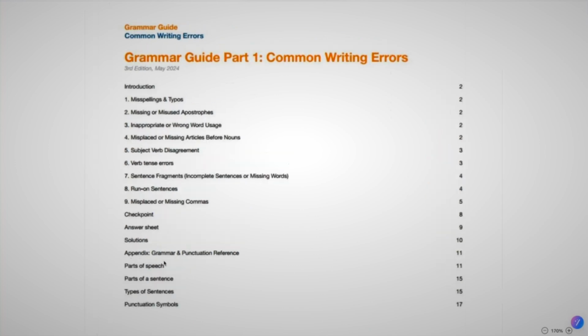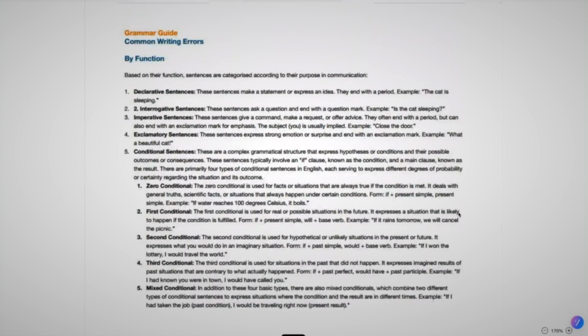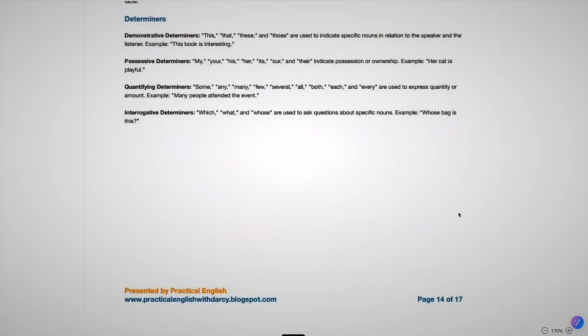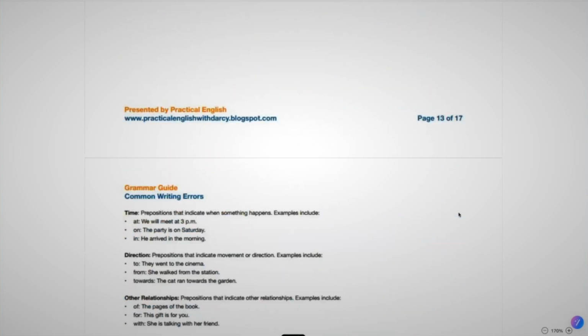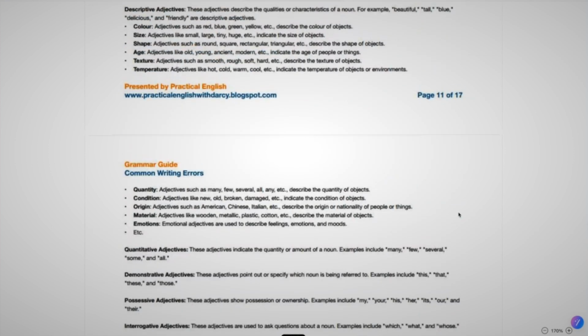But we have the grammar and punctuation reference on page 11 and the checkpoint on page 8. So we'll go down to 11. Here it is. This book has a section giving you definitions of these grammar terms.